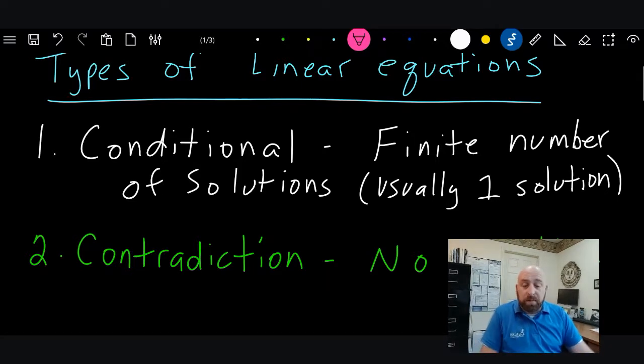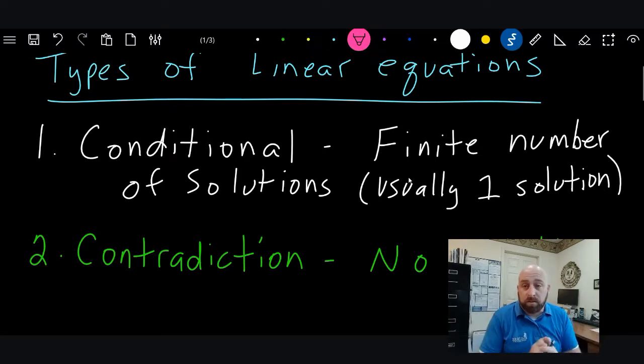The second type is a contradiction. And the word itself sounds like exactly what it means. If you contradict somebody else, then one statement is true and one statement is false. You're saying, hey, that person is not telling the truth. Or maybe you're coming up with a falsehood. You're saying, yes, they're true, but I'm going to come up with something that's false. And so you contradict them.